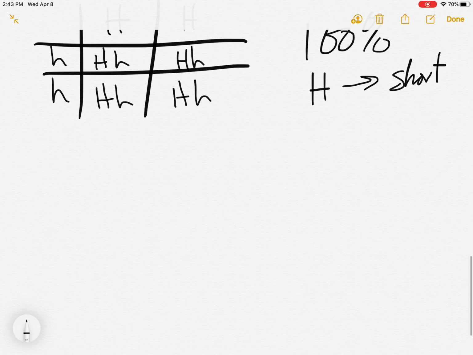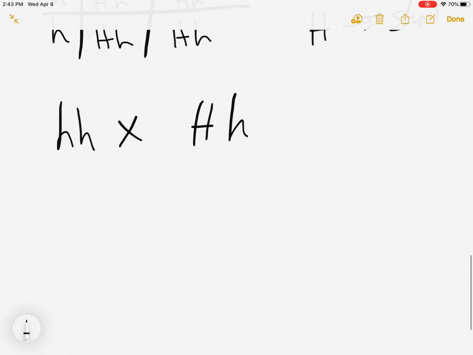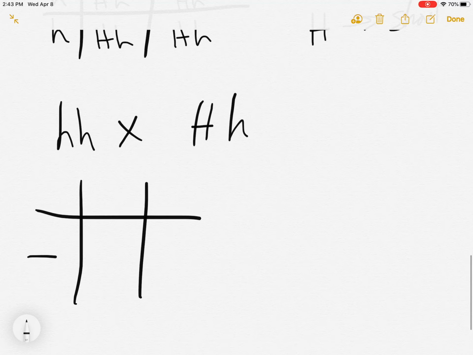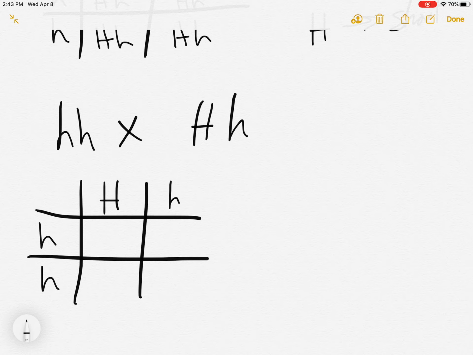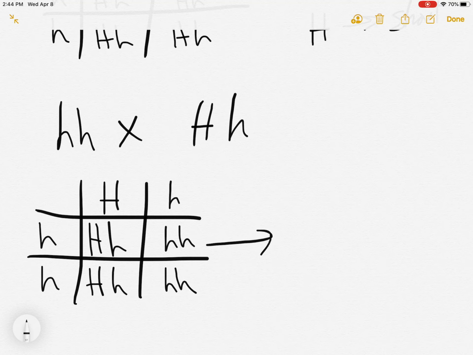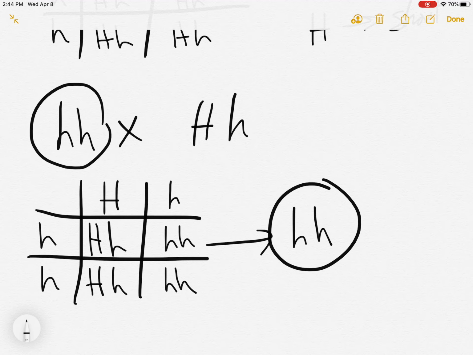So we know that that can't be the case, which leaves us with the other combination, which is this one. And we can check by doing a quick Punnett square. Mommy, daddy. Let's cross them. And we see that some of the combinations, actually half of them, will produce this. So this has to be the case.